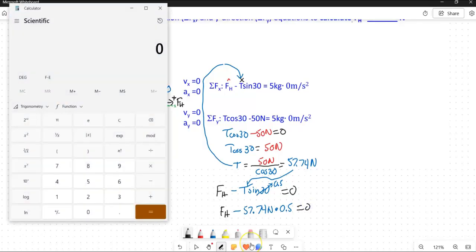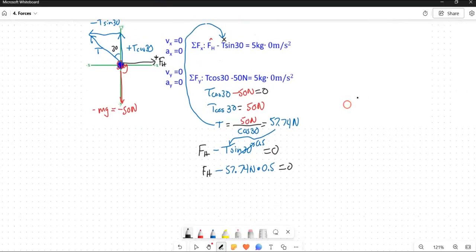So 57.74 divided by 2 is 28.87 newtons equals 0. And then we're going to add that to both sides, so that F sub h is going to be equal to 28.87 newtons.